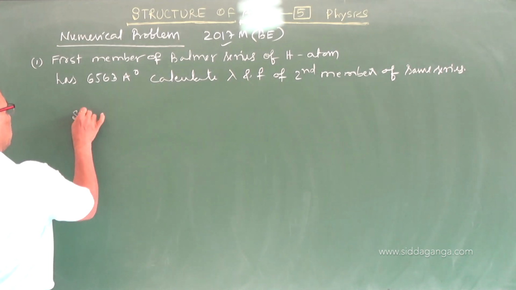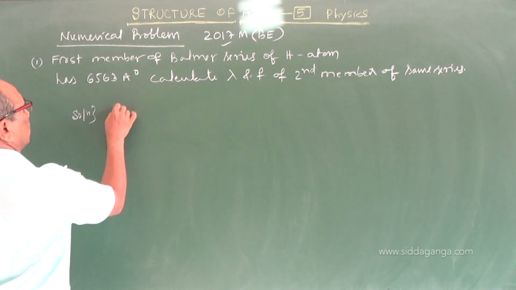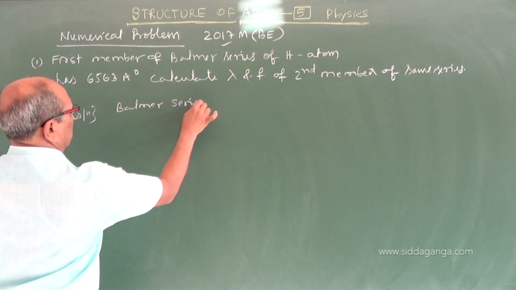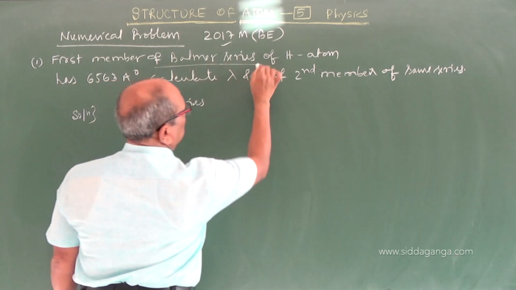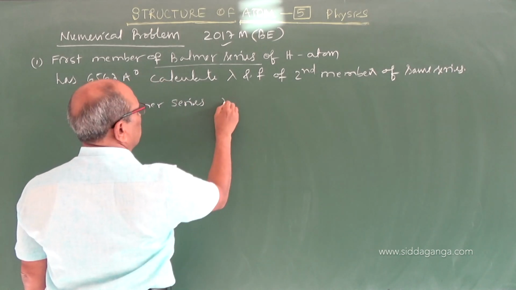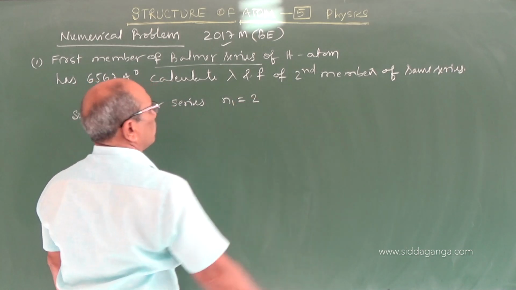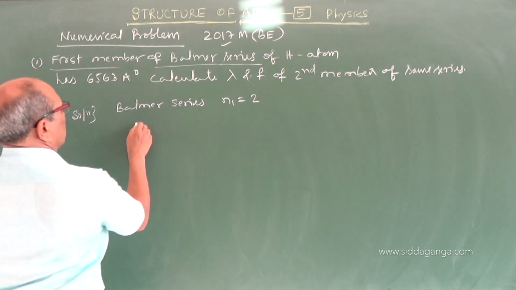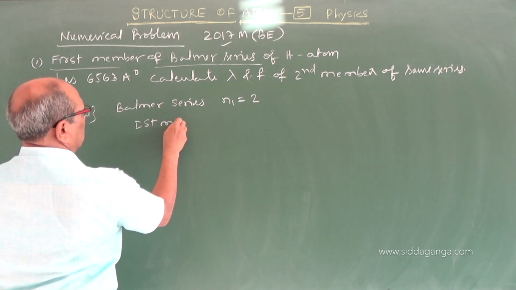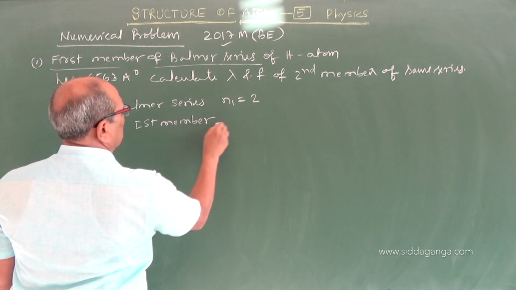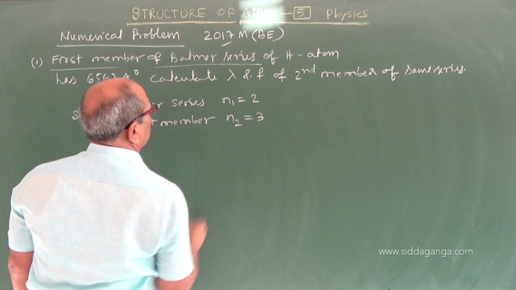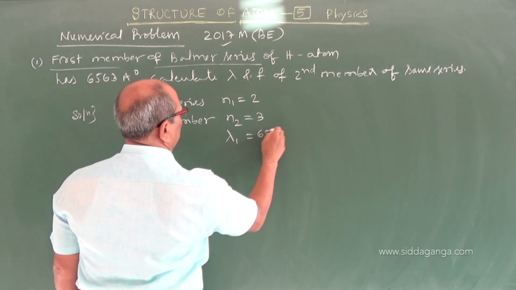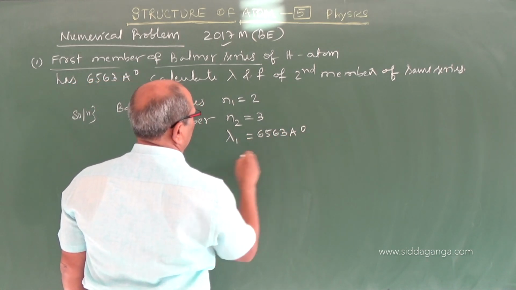So to begin with, you are given the Balmer series of hydrogen atom. For the Balmer series, n1 is 2. The first member suggests n2 is 3. The wavelength of the first member is 6563 angstrom.